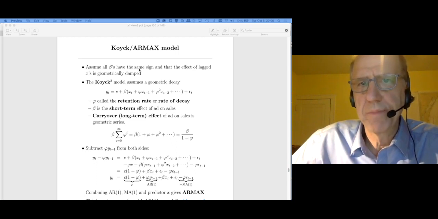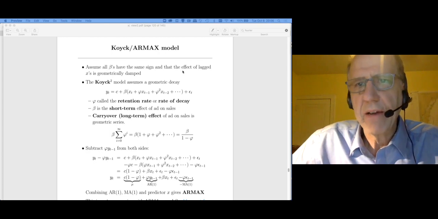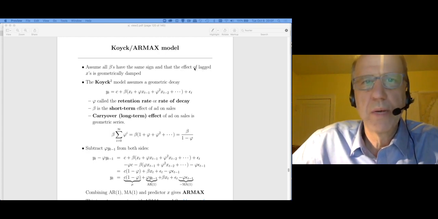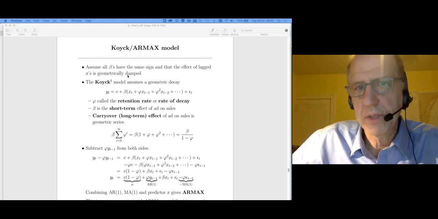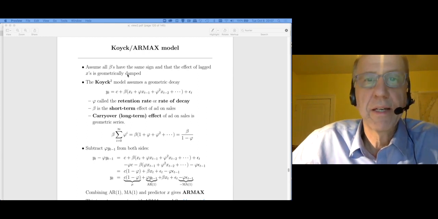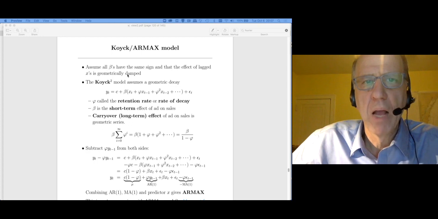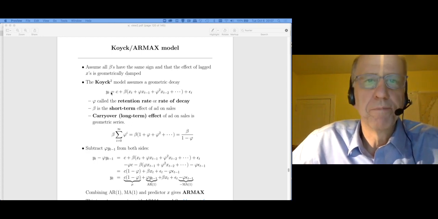That's one assumption. The other assumption that we're going to make is that the effect of advertising is going to decay geometrically. So it's kind of like the damped trends that we studied with the Holt method, where the effect decays geometrically over time. So this is going to be the model that we assume.